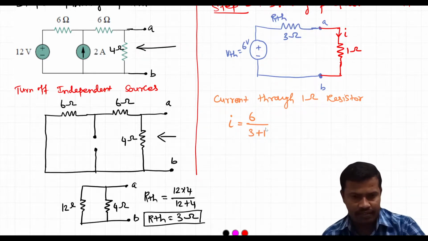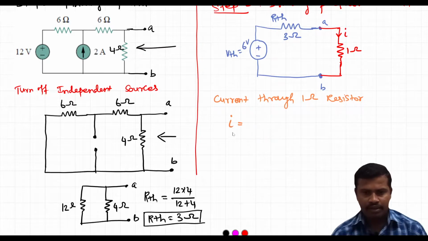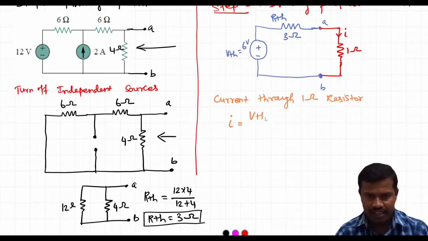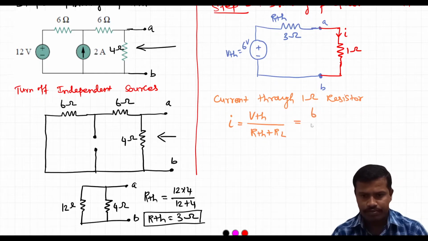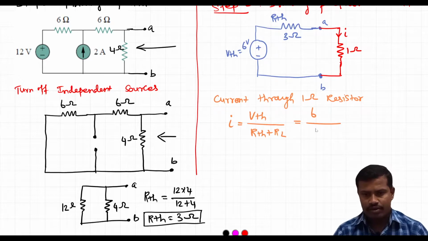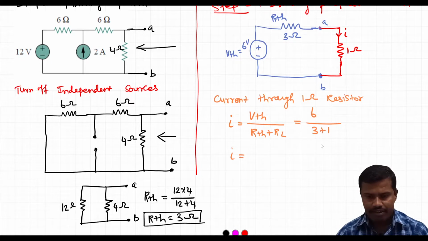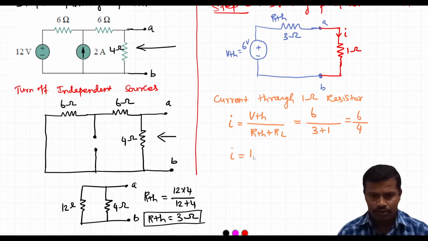Or we can first write the formula I is equal to VTH divided by RTH plus RL. In this, VTH is equal to 6 volt and RTH is equal to 3 ohm plus RL is equal to 1 ohm. Now on simply solving this, we get 6 divided by 4, which is equal to 1.5 amps.